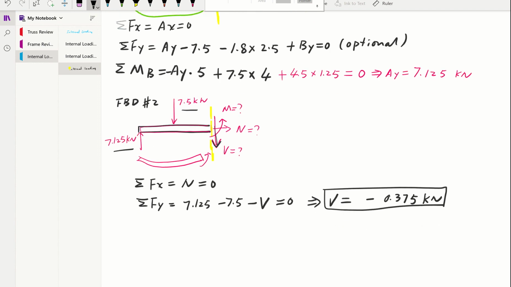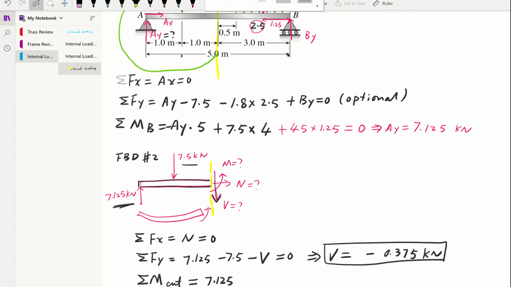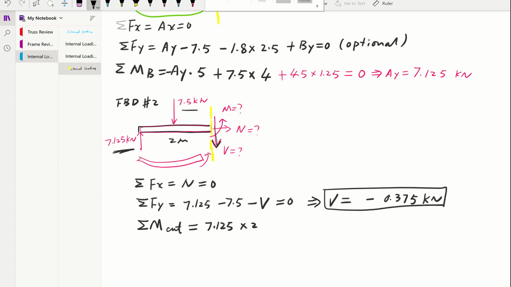Okay, now we're going to solve our bending moment. And remember, we always do moment about where we cut. So moment about where we cut. So 7.125, what's moment of arm for that one? This entire beam is 2 meters, so times 2 meters. And that make a clockwise rotation, it's negative.